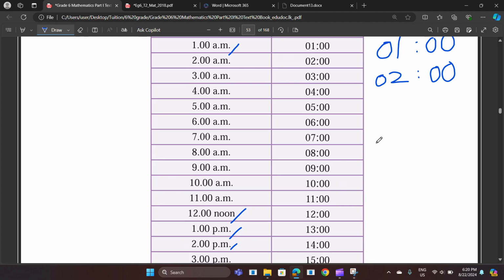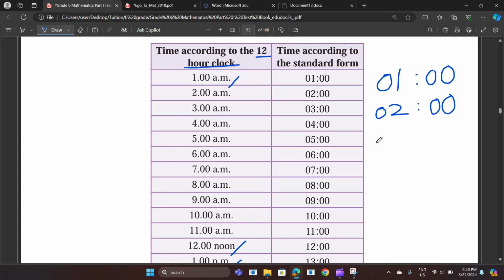We indicate that with AM or PM. But in the 24-hour clock, you don't have to put AM or PM or noon. You don't have to do such things. You only have to write it in this form.